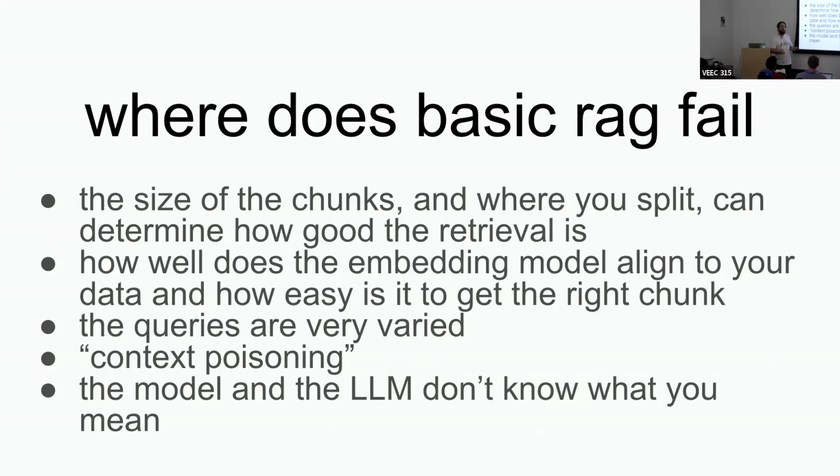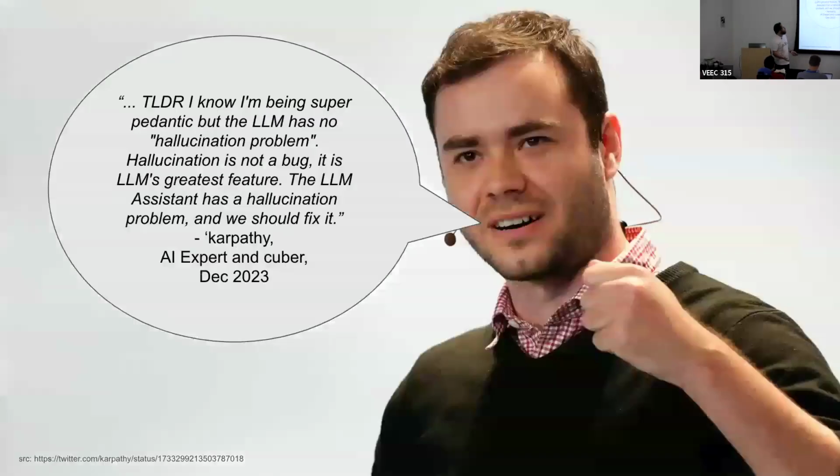Does warmer mean Indonesia? What does warmer mean in this context, right? That depends on the embedding model and what you've embedded, but does it even know what you're asking for? If I ask, what is the vehicular capacity of this, is it going to say 2, because that's how many cars can fit on this road? And am I going to interpret that as only 2 people can fit in these cars? So basic RAG can fail in a lot of different ways.